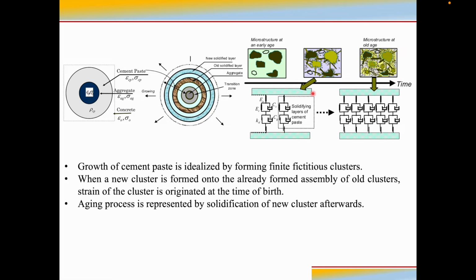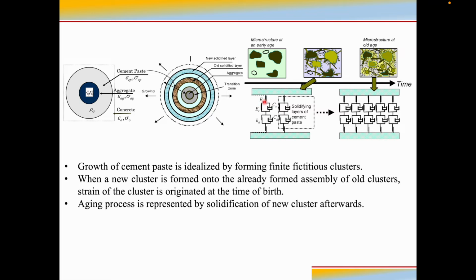Here is how they do the model of the material. For example, the microstructure at early age looks like this. When the hydration started, many hydration products started to occur, and at old age it becomes even larger in the number of materials, and we can simplify it like this. The connection of the material can be simplified like this.